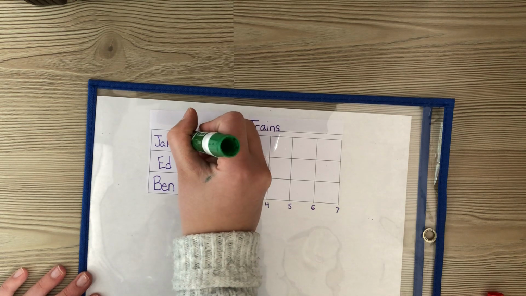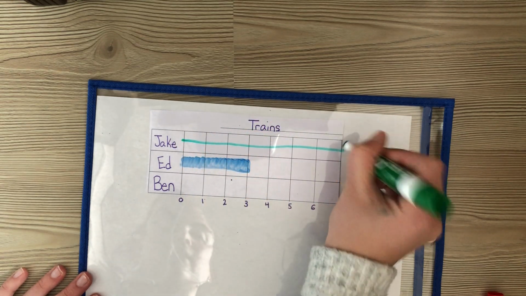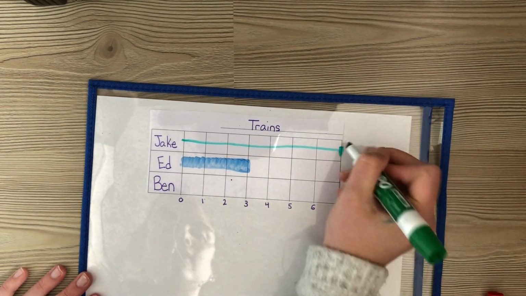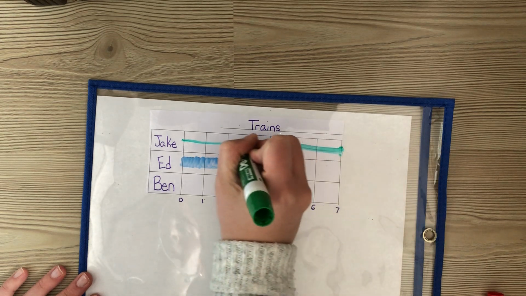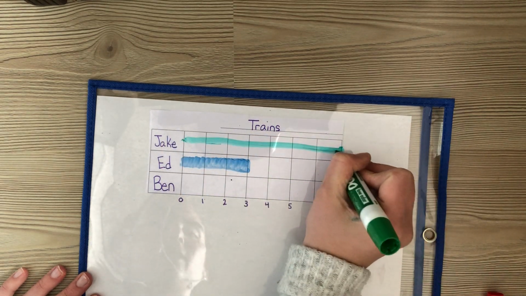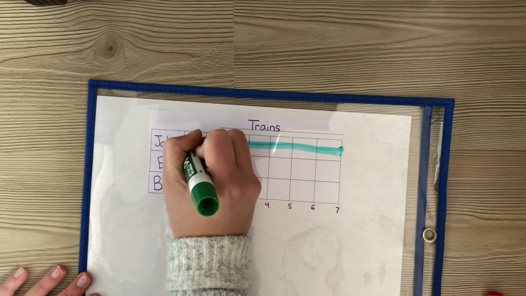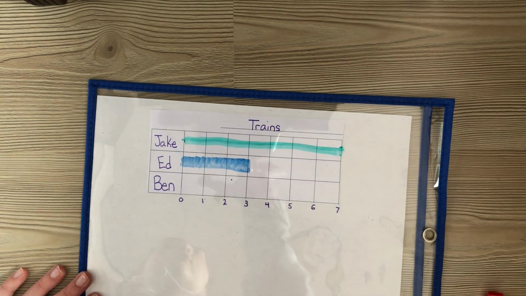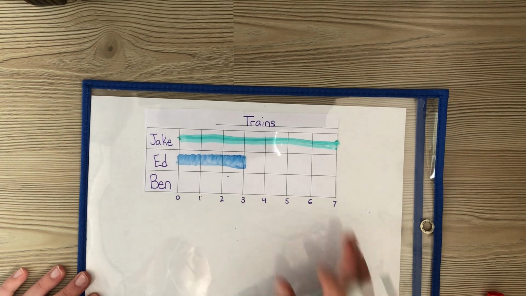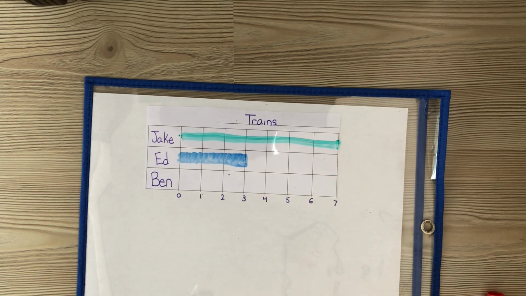So Jake has 7 train cars, and we're going to draw a bar on our bar graph to show us that Jake has 7 train cars.